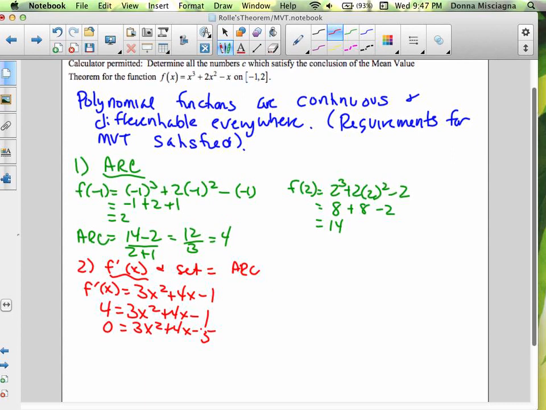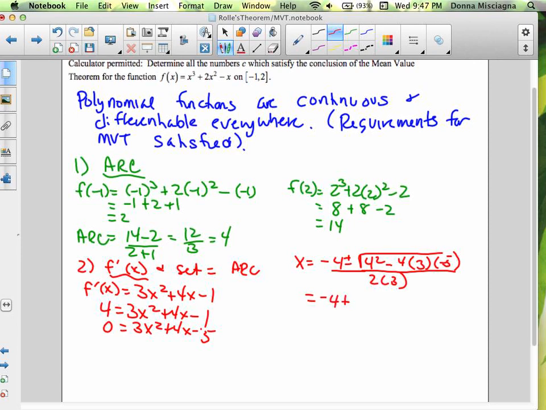So we have x is equal to -4, my shadow keeps blocking, plus or minus the square root of 4 squared minus 4 times 3 times -5, all divided by 2 times 3.